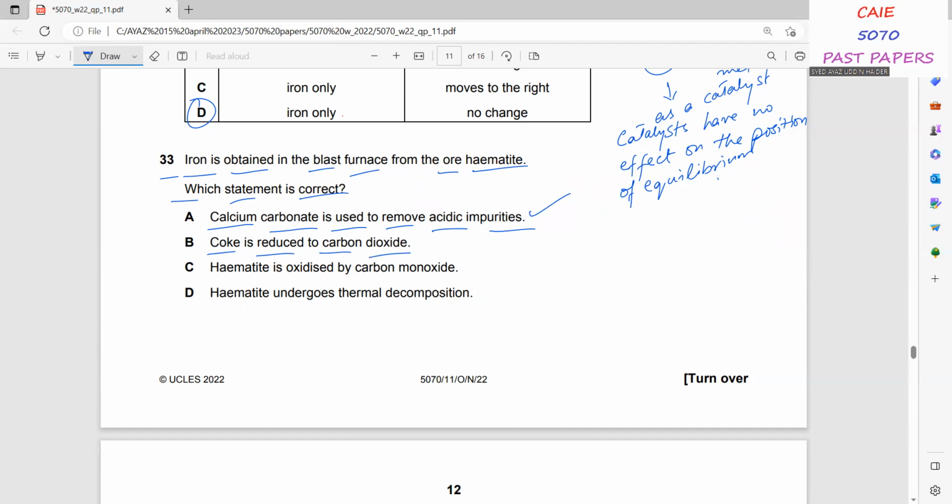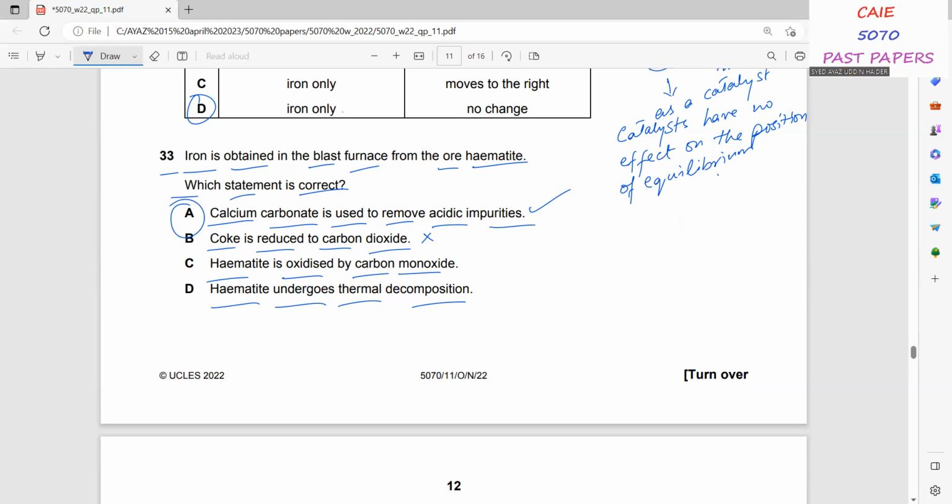It is oxidized to carbon dioxide. C. Hematite is oxidized by carbon monoxide. This is again wrong. Hematite is reduced by carbon monoxide to get iron and carbon dioxide. D. Hematite undergoes thermal decomposition. No, hematite does not undergo thermal decomposition. So only choice A will be the right answer in this case.